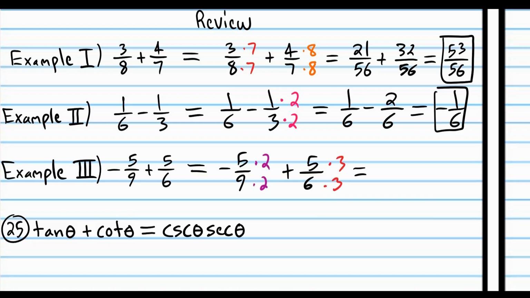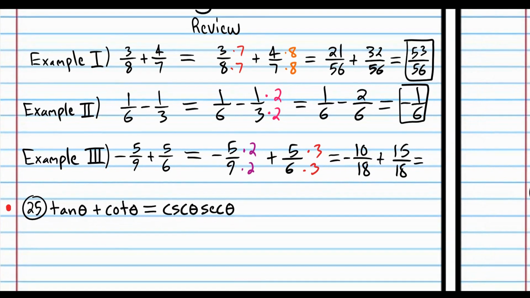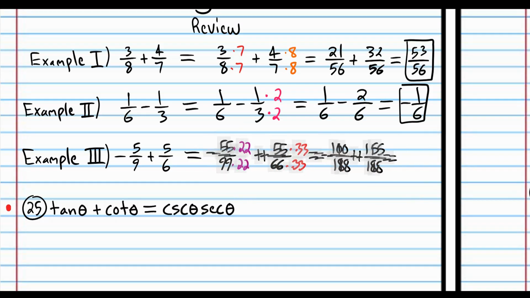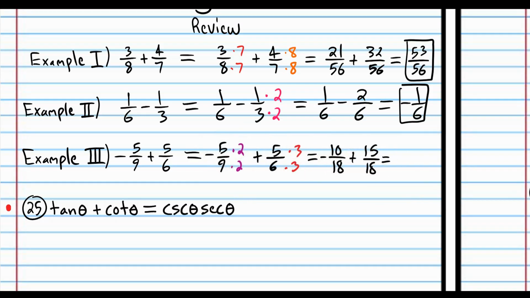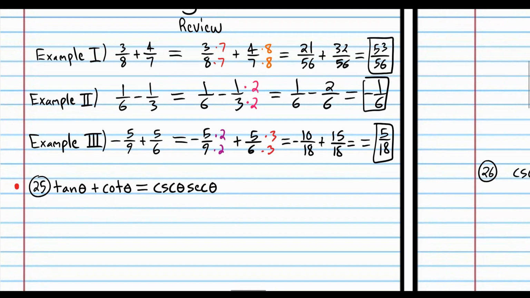And how do we know that we did it correctly? Well, because we should have a common denominator after we're done multiplying, and we do. So negative 10 over 18 and 15 over 18. We have a common denominator. We're ready to add them up. So we get 5 over 18. Again, these are things that you should know by now, but you may be a little rusty if you haven't added or subtracted fractions in a while. These things should come back to you pretty quickly.